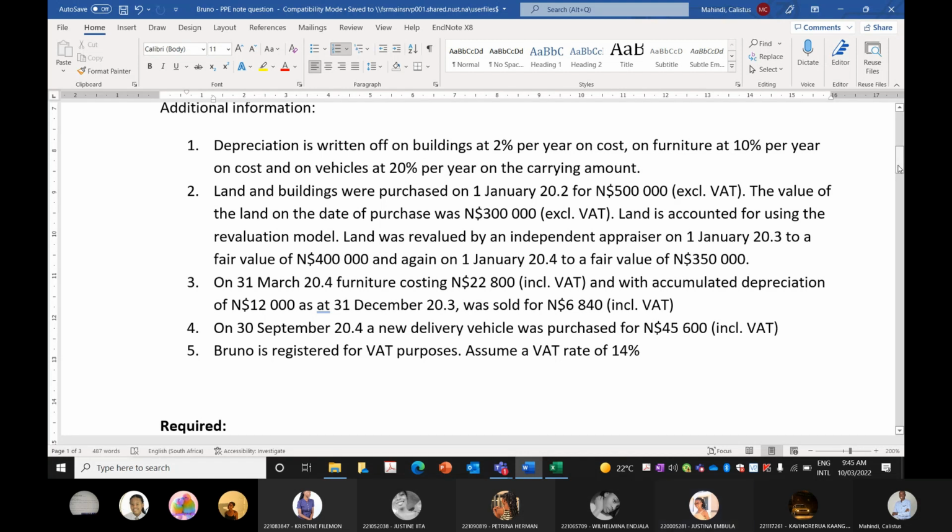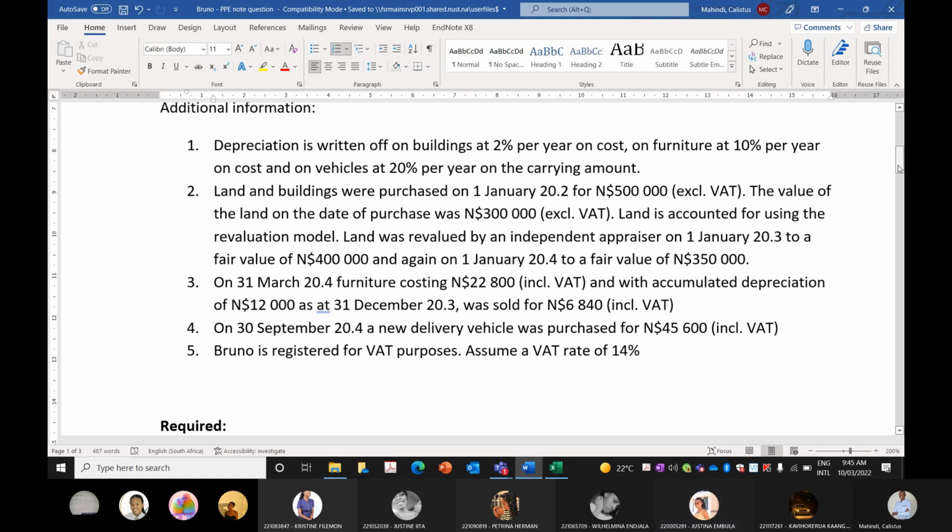The value of the land on the date of purchase was 300,000. Land is accounted for using the revaluation model. Land was revalued by an independent appraiser on 1st of January 20.3 to a fair value of 400,000. Let us stop there. Up to there, we can answer the question already.